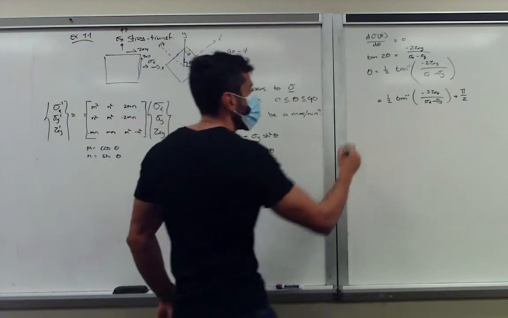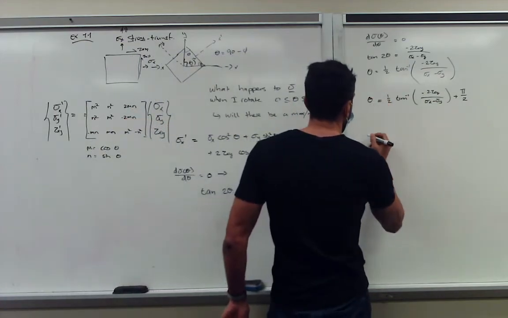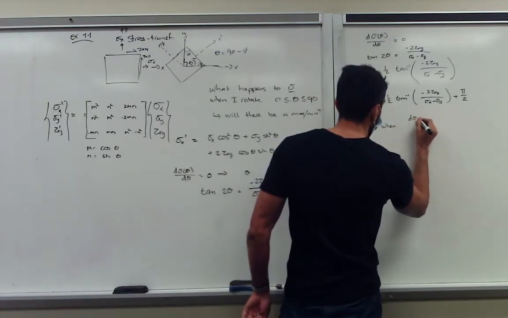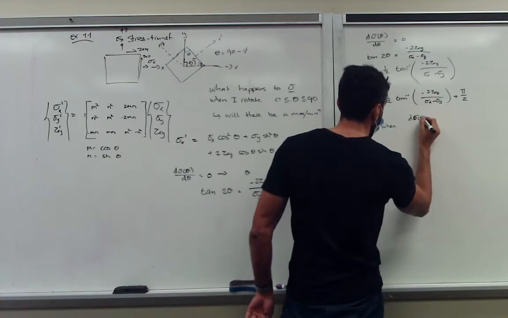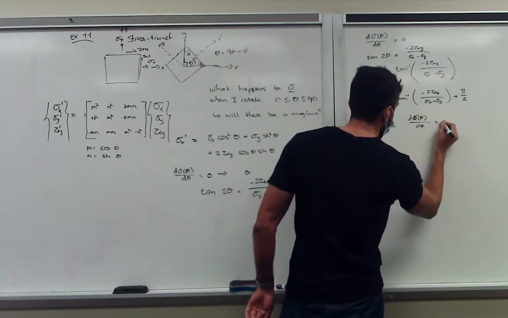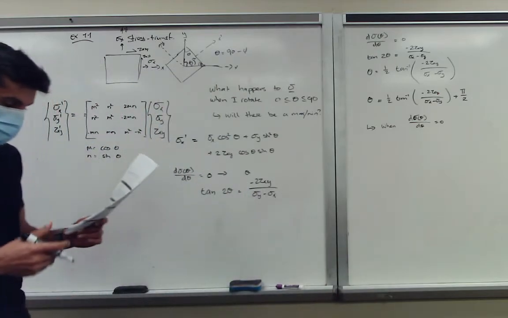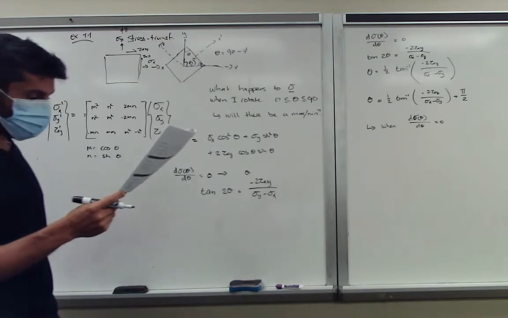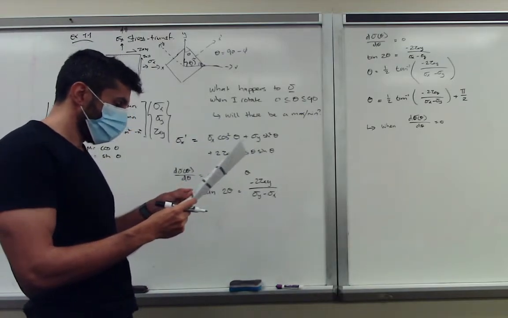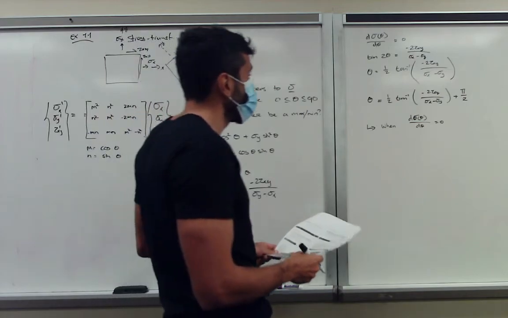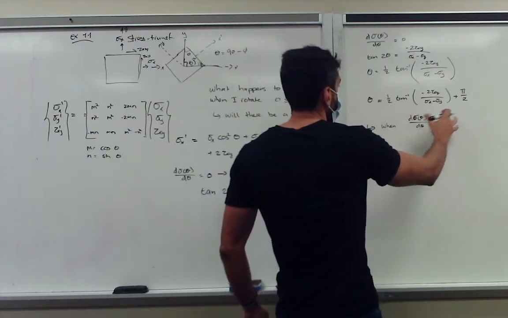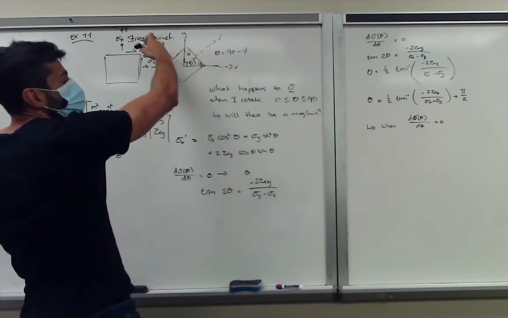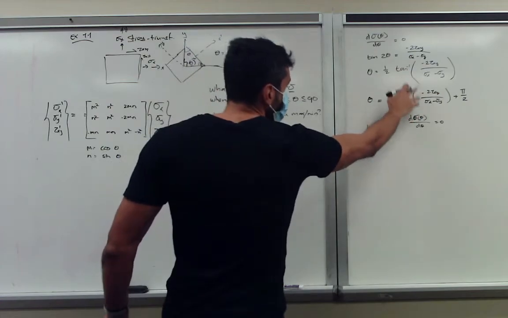These are our two solutions where the derivative of sigma with respect to theta equals 0. Basically it's the same as defining one axis and then saying the other is 90 degrees off a particular axis. It's nothing else than that.